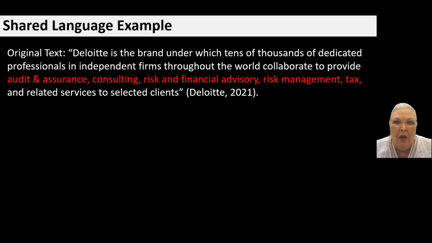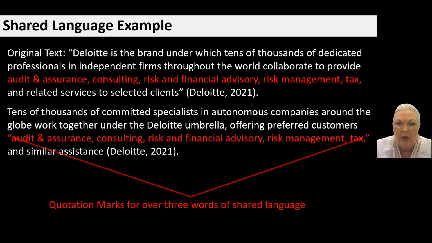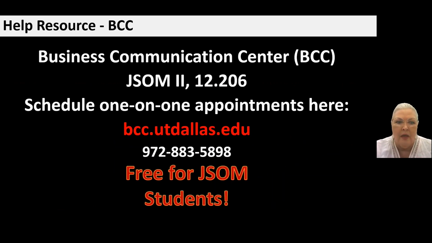Because I have copied so many in a row, exactly from the source, I'm going to go ahead and put quotation marks around those to indicate to the reader, this string of words I didn't really come up with myself. I copied it just like it is from the source material. So too many source words in a row, just as it appears in the original text, use quotation marks.